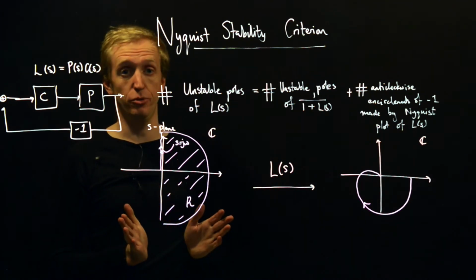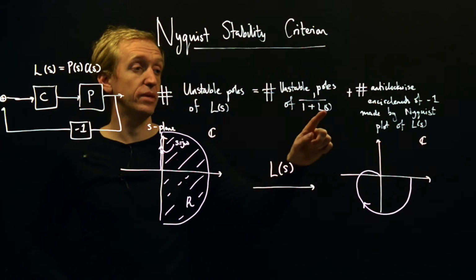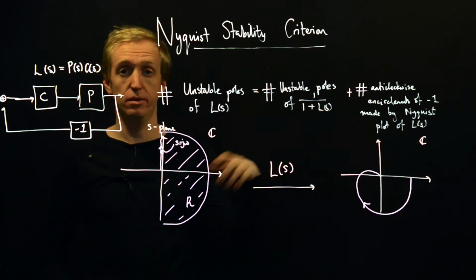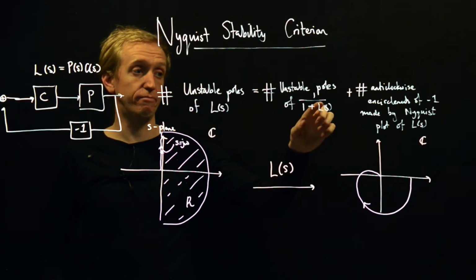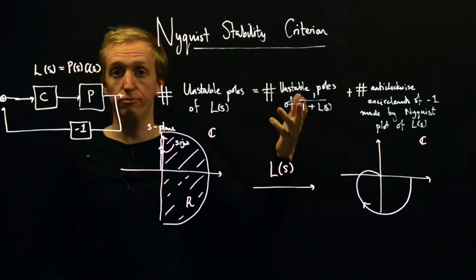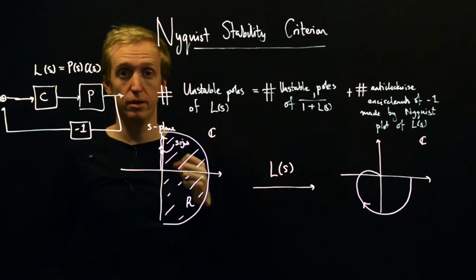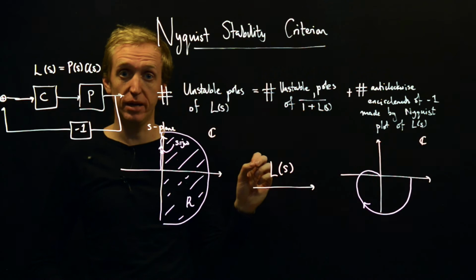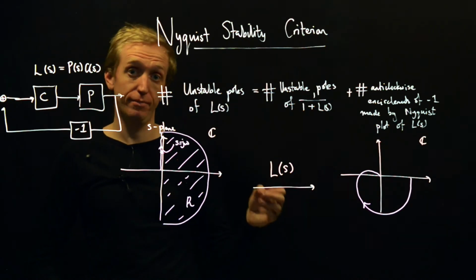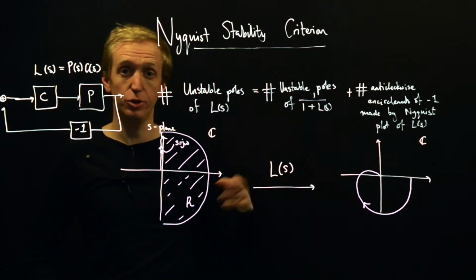And so what are some situations where that's enough? Well, it turns out that when L of S is a rational function, that's always the case. So if L of S is just the ratio of two polynomials, based on the numbers in the coefficients of that polynomial, you can be sure that when S is sufficiently large, there'll be no poles.